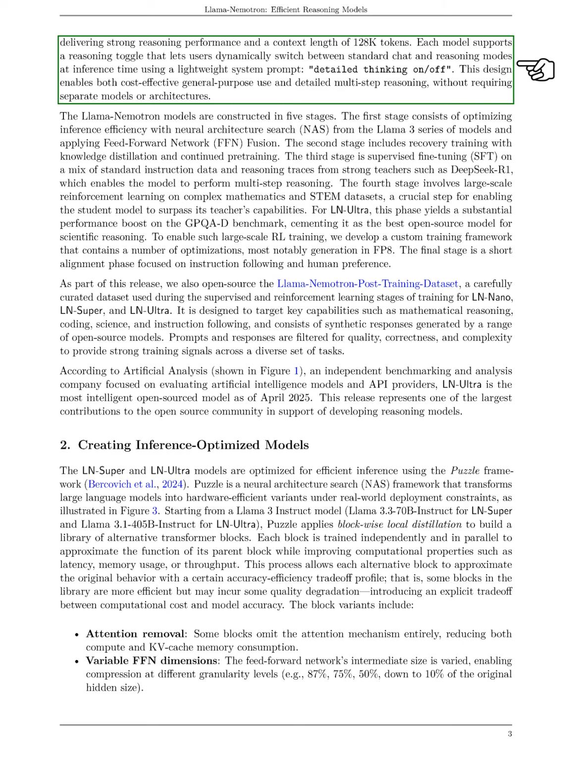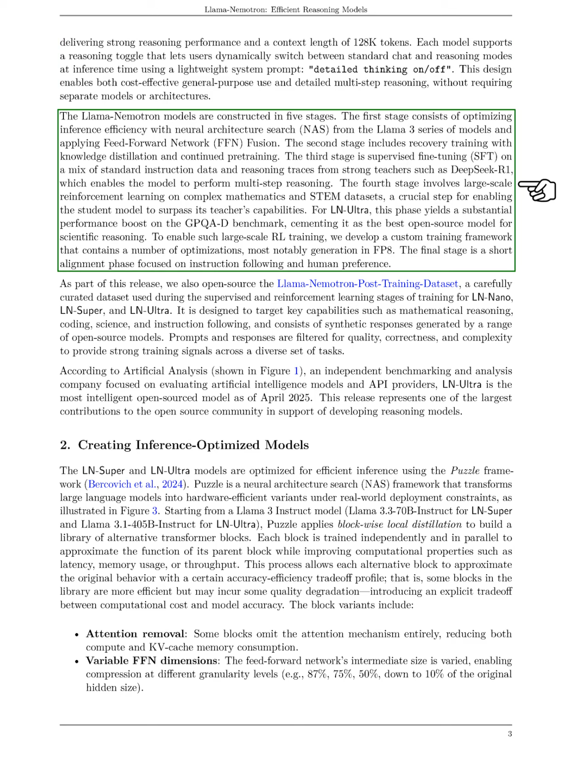The development of the Llama-Nemotron models involves 5 stages. First, we optimize inference efficiency using neural architecture search and apply techniques to enhance performance. Next, we conduct recovery training with knowledge distillation and continued pre-training. The third stage involves supervised fine-tuning on a mix of instruction data and reasoning examples from strong models, enabling multi-step reasoning.